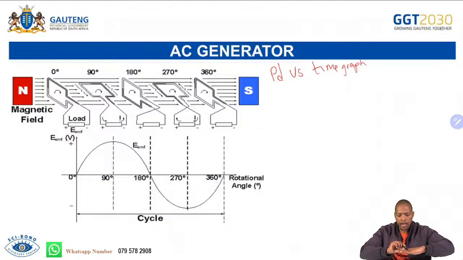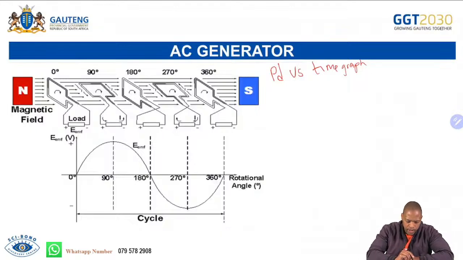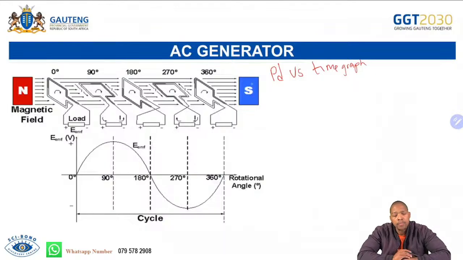If the coil does not cut through the magnetic field, then EMF is not going to be induced. It must be cutting at least at 90 degrees or some angle above zero. If the coil is parallel to the magnetic field, then there won't be any EMF induced there. So if we are looking at our diagram here, here's our magnetic field going from north to south.